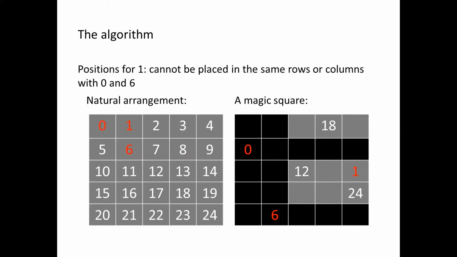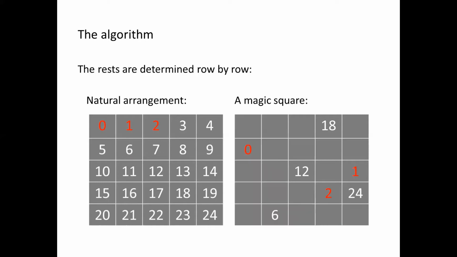We already have 0, 1, then 2, 3, 4, just follow the pattern. From 0 to 1 in the magic square, move down by 1 row, move left by 1 column. Then down 1, left by 1, we got 2, and 3, and 4. For the 2nd row, we don't know where to put 5. Fortunately, 6 is already there.